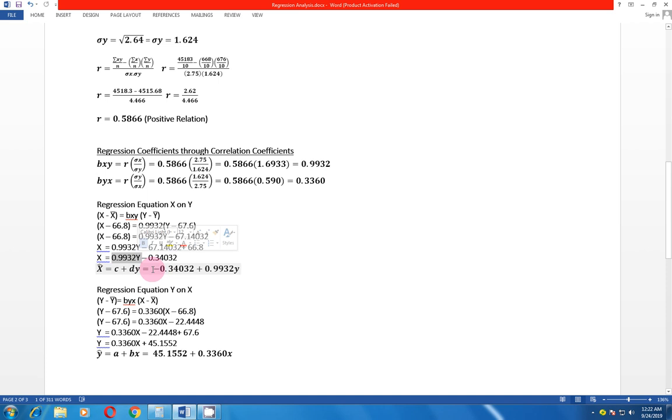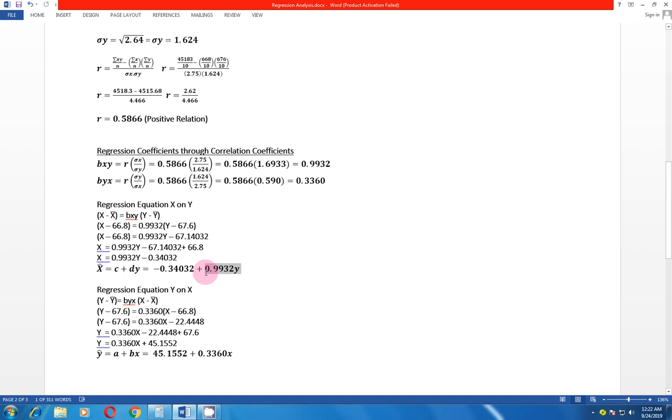So after arranging these two in the equation form, x hat equals c plus dy means x hat equals 0 minus 0.34032 plus 0.9932y.